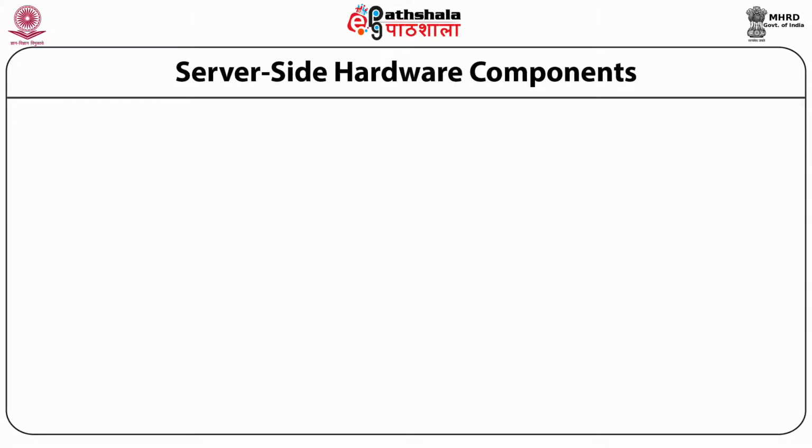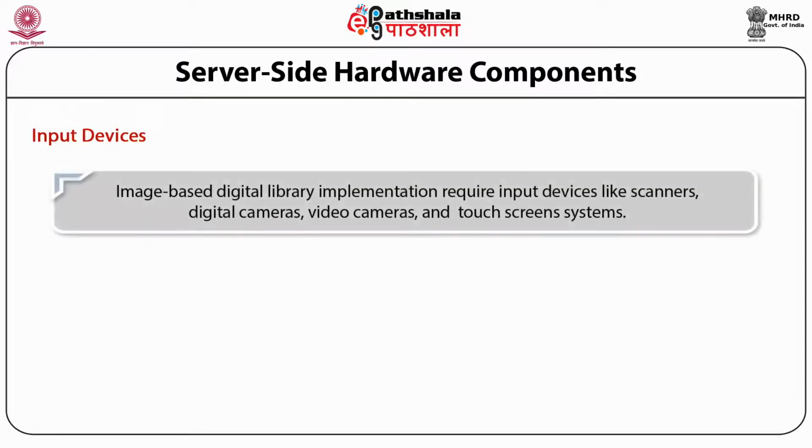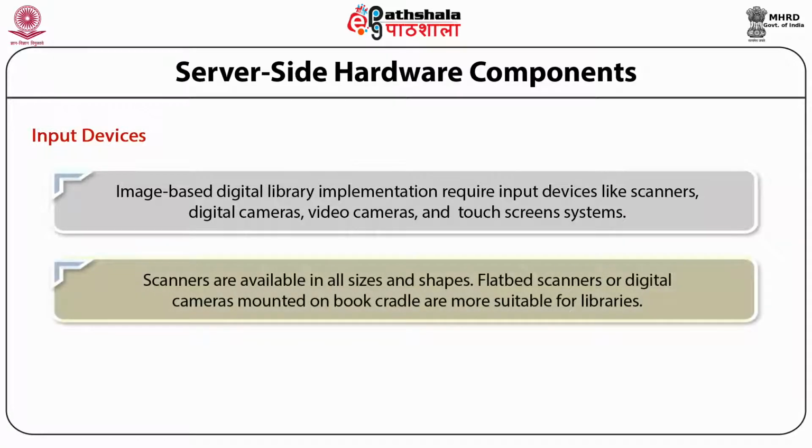Other components on the server side are input devices. When you are going to create an image-based digital library, the implementation requires input devices like scanners, digital cameras, video cameras, and touchscreen systems. Scanners are available in all sizes and shapes.